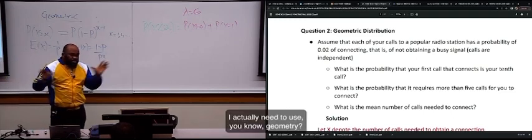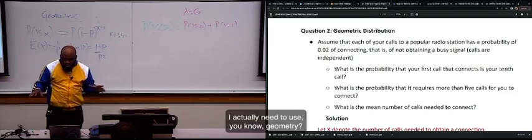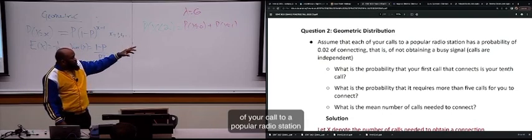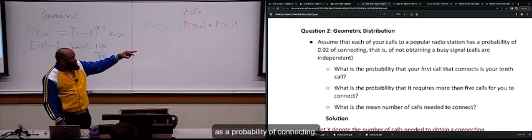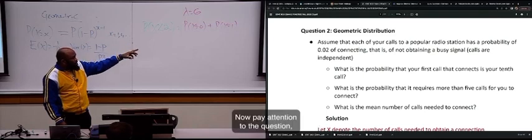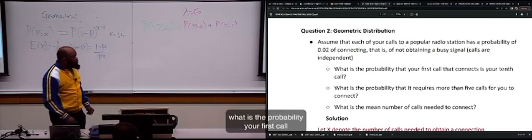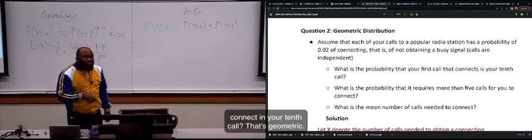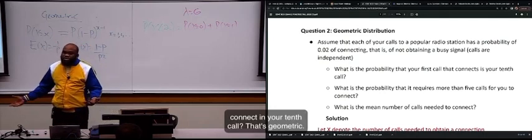Now if you take a look at this, how am I going to recognize that I actually need to use geometric? Take a look at this. Assuming each of your calls to a popular radio station has a probability of connecting. Now, pay attention to the question. What is the probability your first call connects on your 10th call? That's geometric.